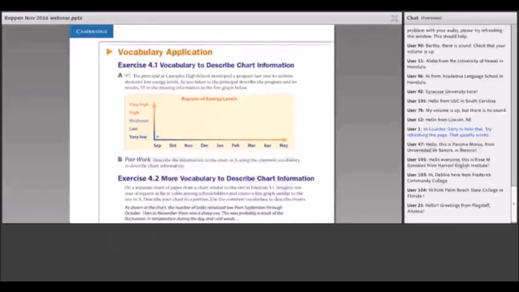And now we're going to look at a graph activity that still, even though it's a graph activity, is going to integrate the skills into the grammar. So in this case, the students are listening to a short excerpt of speech, and they're having to complete the graph that you see here.